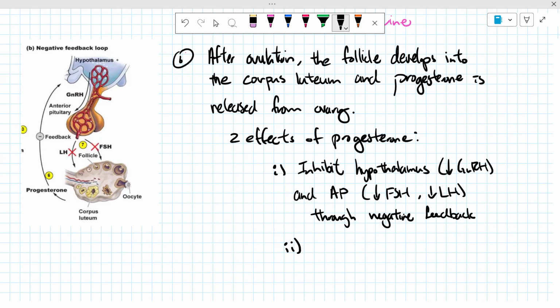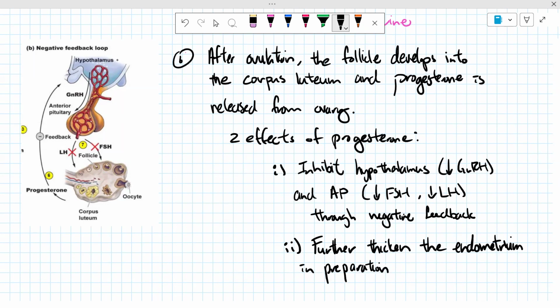So the progesterone will further thicken the endometrium in preparation for potential pregnancy?